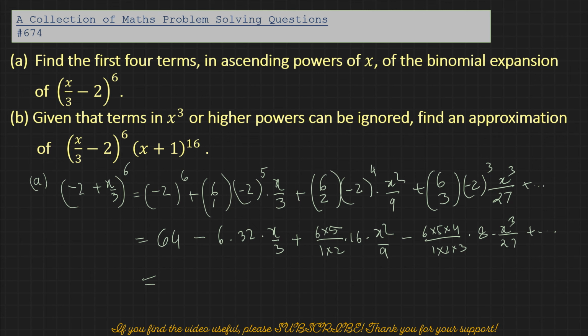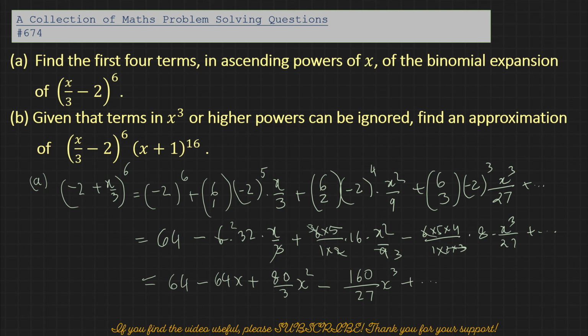So then we can write it as 64 minus 64x, plus 80/3 x², and then minus 20 times 8, which is 160, divided by 27 x³, and then plus it goes on.